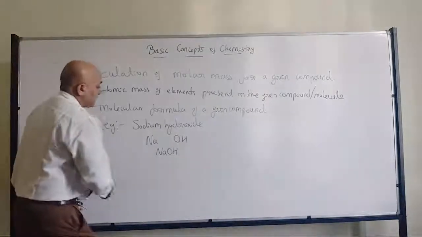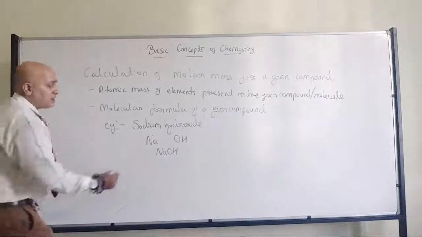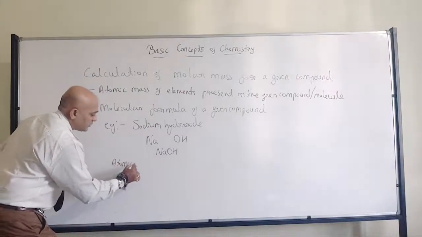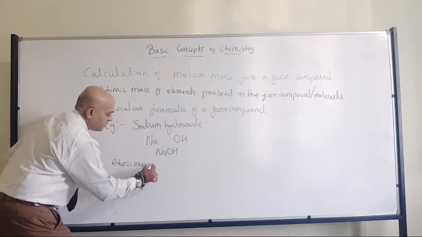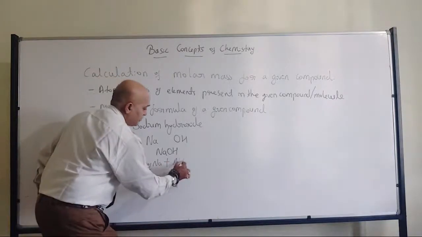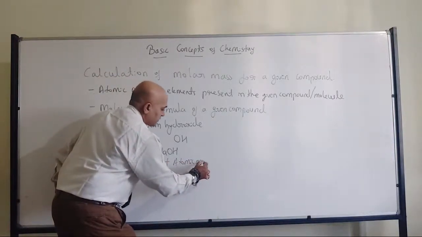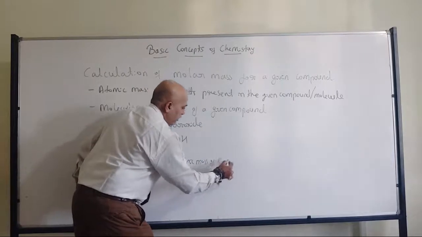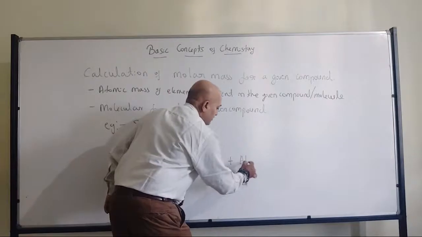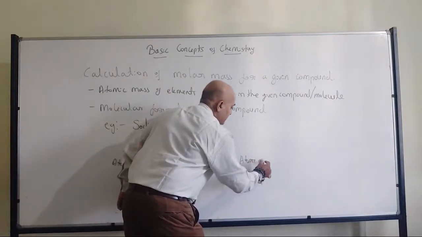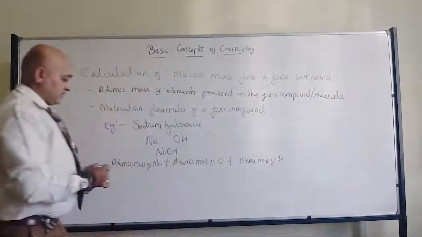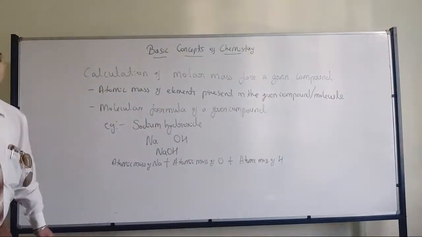Now when I am calculating the molar mass, first I should know the atomic mass of sodium plus atomic mass of oxygen plus atomic mass of hydrogen. So that's what we have, the elements.